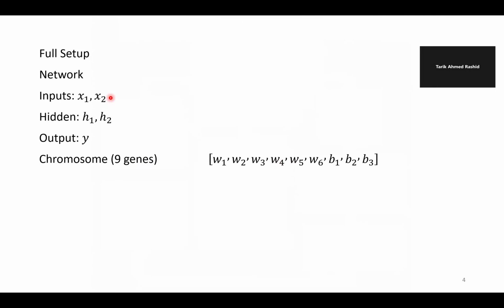Here we have a full setup of the network. We have X1 and X2, two inputs, two hidden neurons, and one output neuron. Now we've got 9 chromosomes: weight 1, weight 2, weight 3, weight 4, weight 5, weight 6, and bias 1 for hidden neuron 1, bias 2 for hidden neuron 2, and bias 3 for the output neuron.